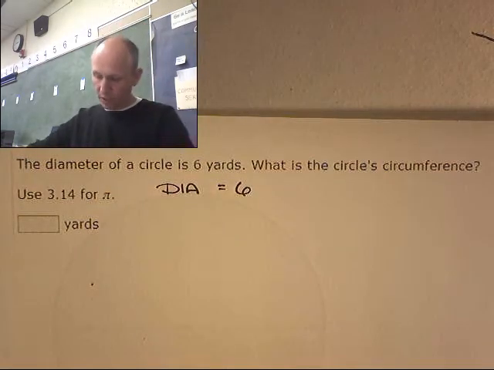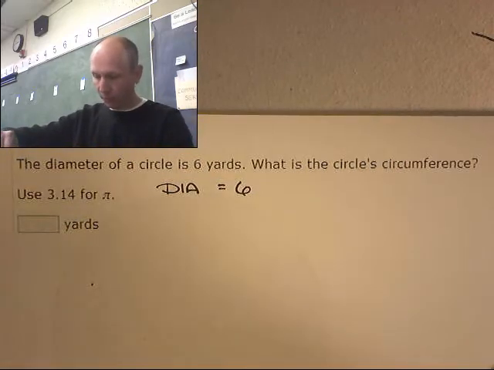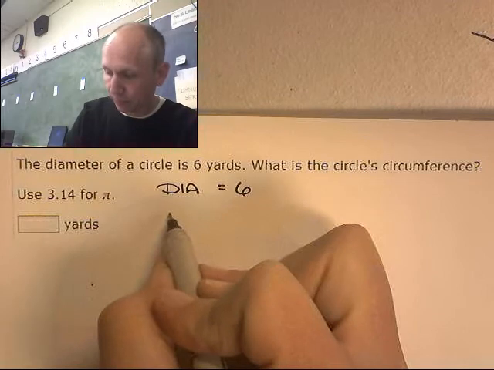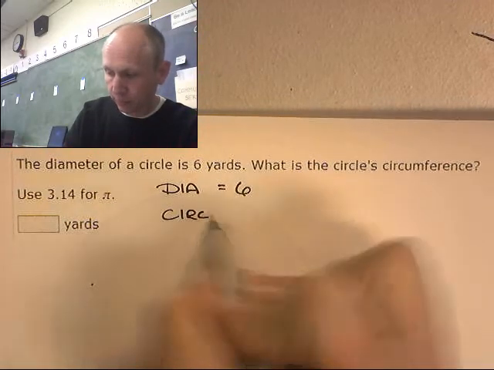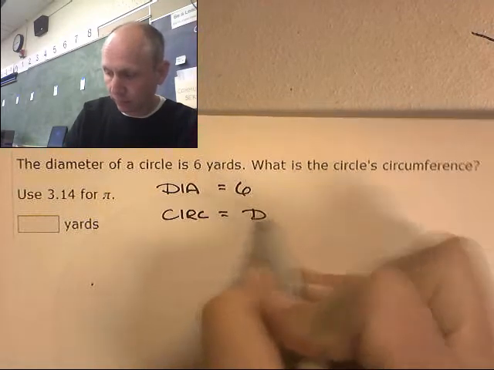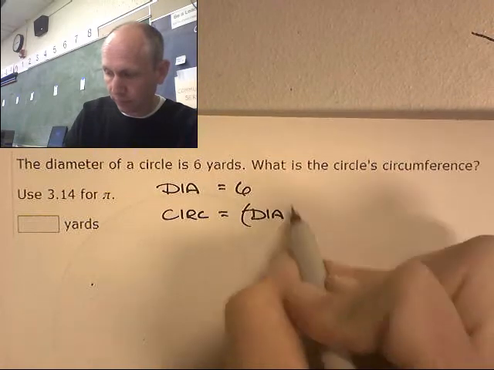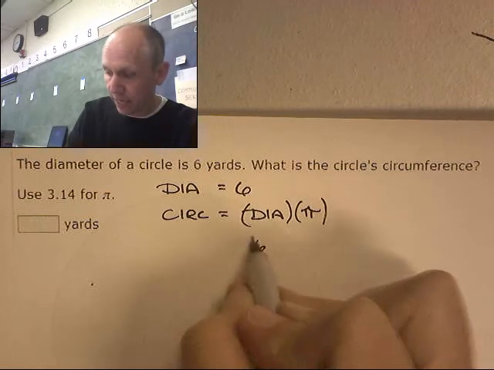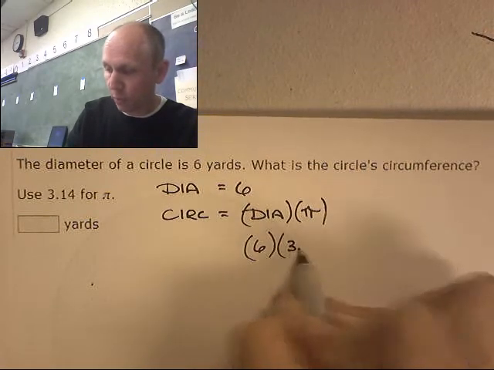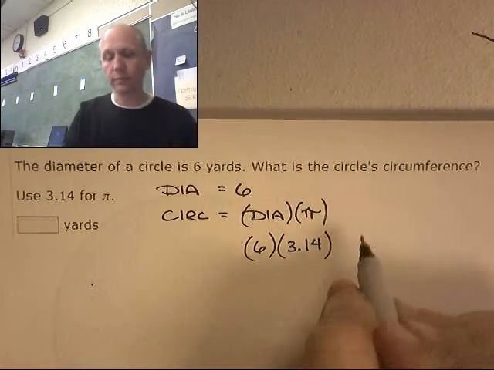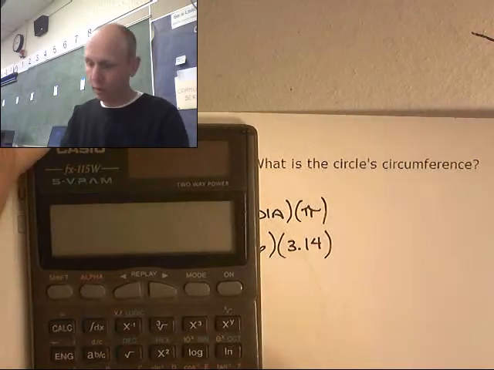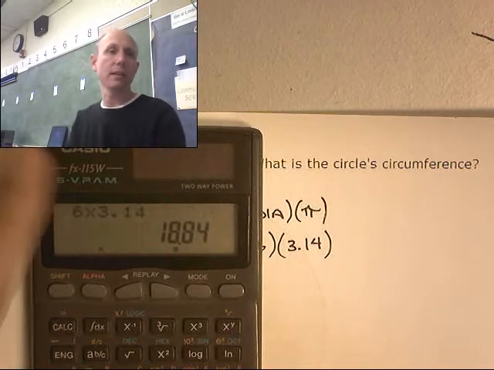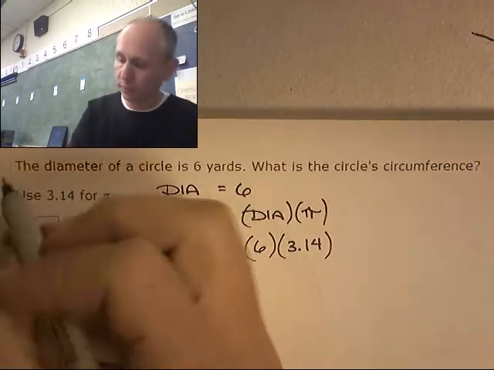And if I go back in my notes, circumference is just diameter times pi. So this is 6, that's the diameter, times 3.14. 6 times 3.14 is 18.84.